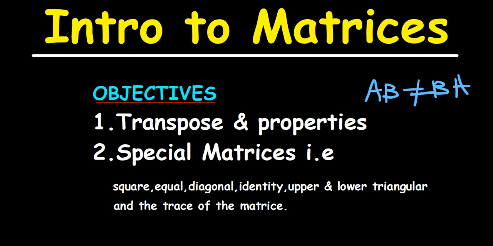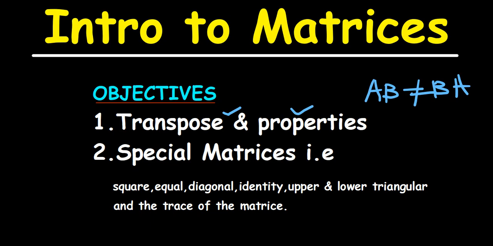So today we want to continue from where we ended. I introduced what the transpose of a matrix is, so we are going to go deeper now, looking at what transposes are and their properties, and then we are also going to look at special matrices.